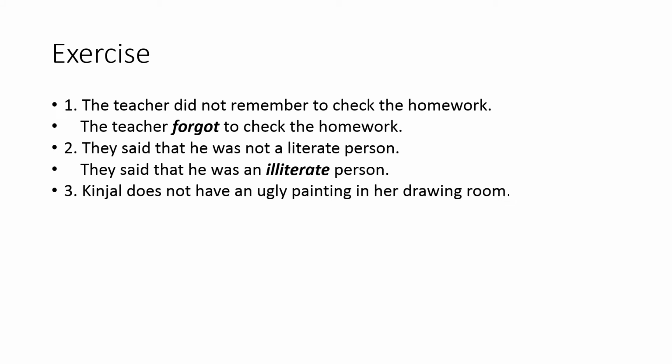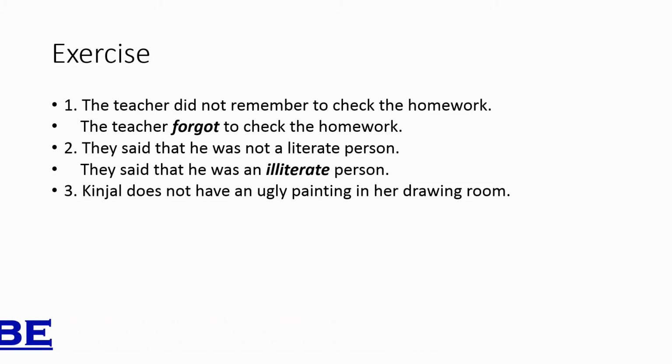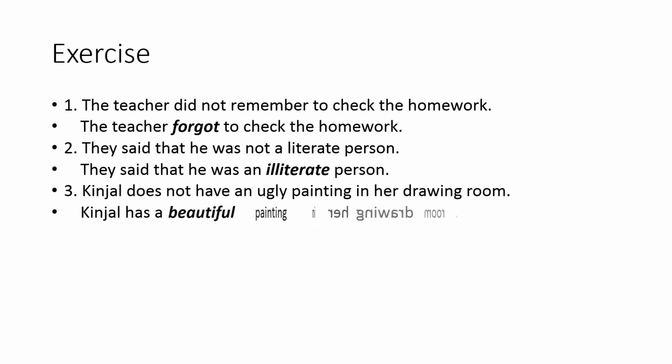Here ugly is the word which we will change into its opposite form. Ugly changes to beautiful. This is negative changing to affirmative. Kinjal has a beautiful painting in her drawing room.